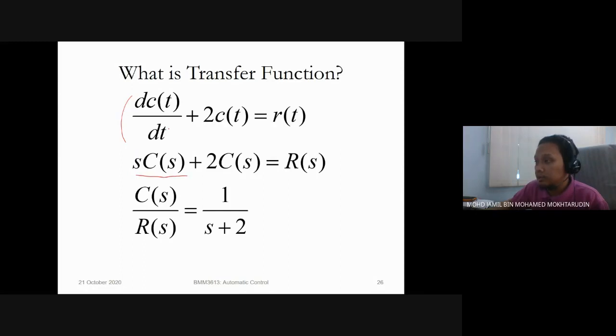So dc/dt becomes sC(s). 2c(t) in frequency response becomes 2 times C(s). And r(t) in frequency response becomes R(s). And then you rearrange this so as to get output over input, so you get 1 over s plus 2. So this thing here is your transfer function.